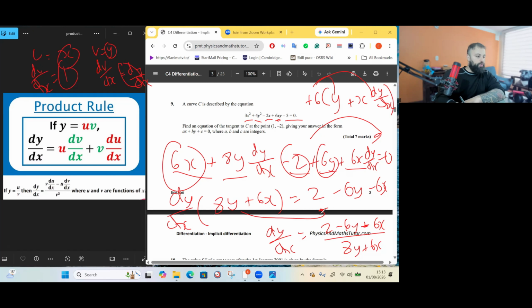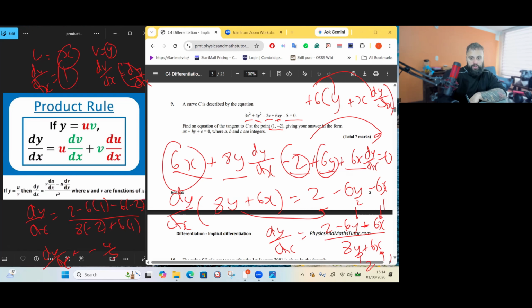So that is what we get. Now we need to find out the gradient at this coordinate over there. So my x coordinate is 1, so I'll plug in 1 over there, and my y coordinate is 2, and I'll plug in 2 right over there. So I get something that looks like that. So dy by dx ends up equaling -4 over 5.